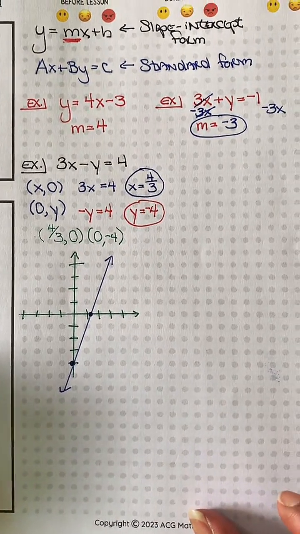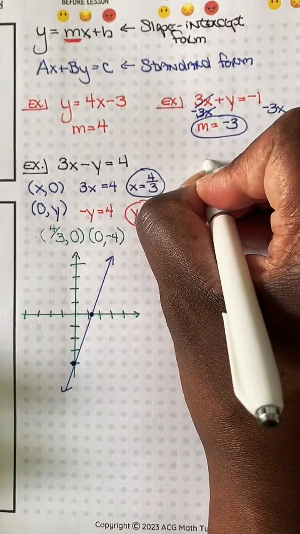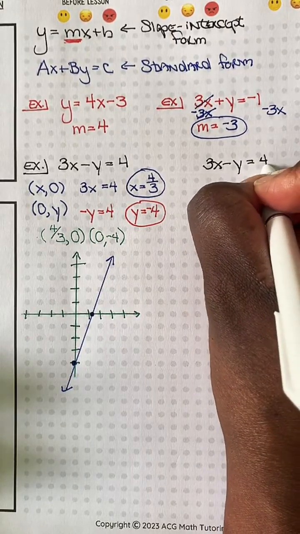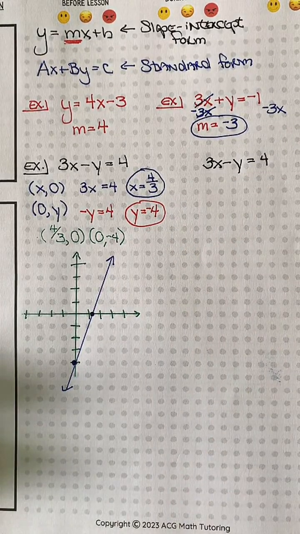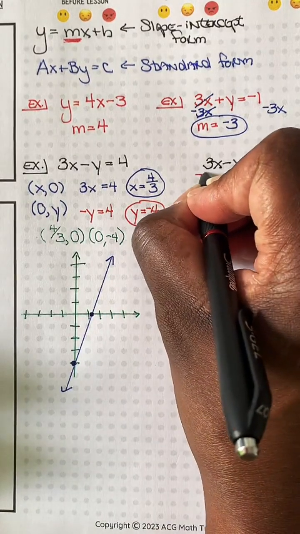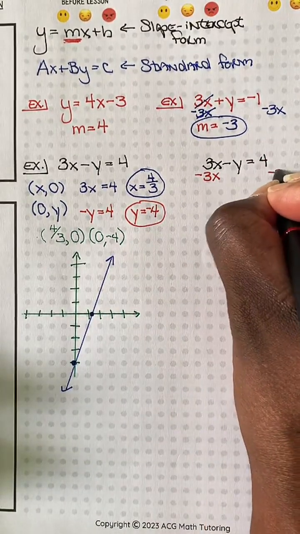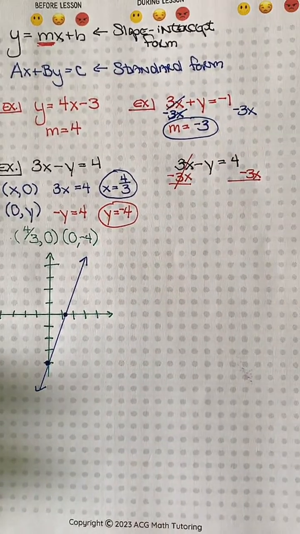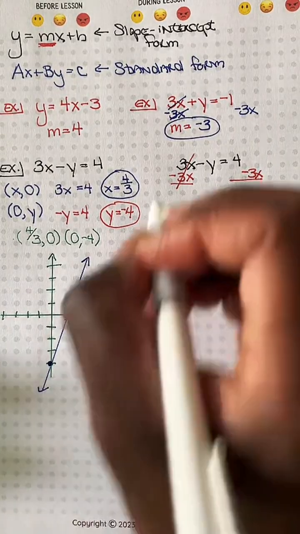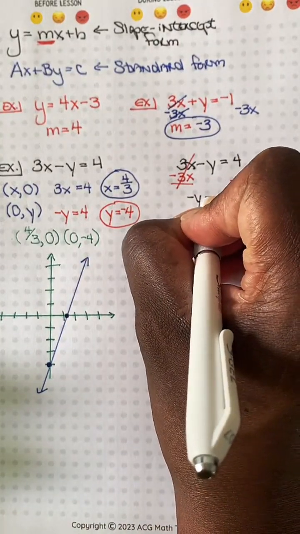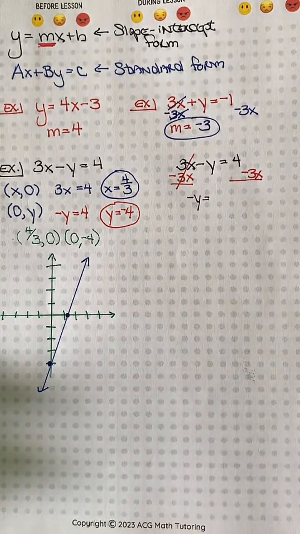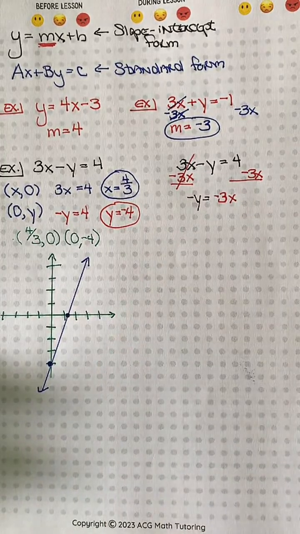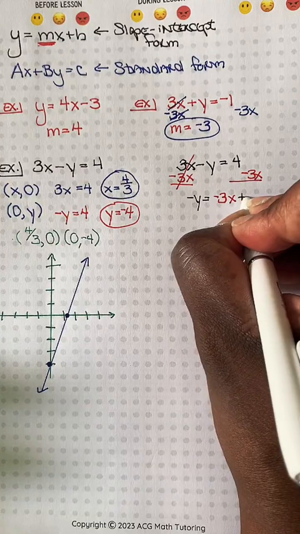The other way of doing it is taking your equation and solving it for y. I'm going to subtract 3x on both sides. Then I have negative y equals negative 3x plus 4, because the 4 is positive.